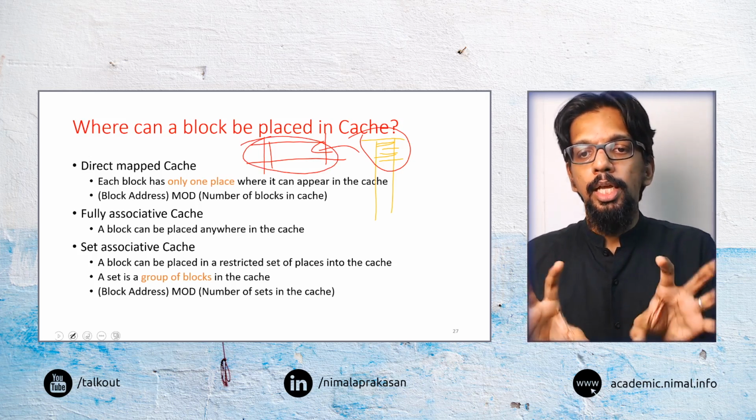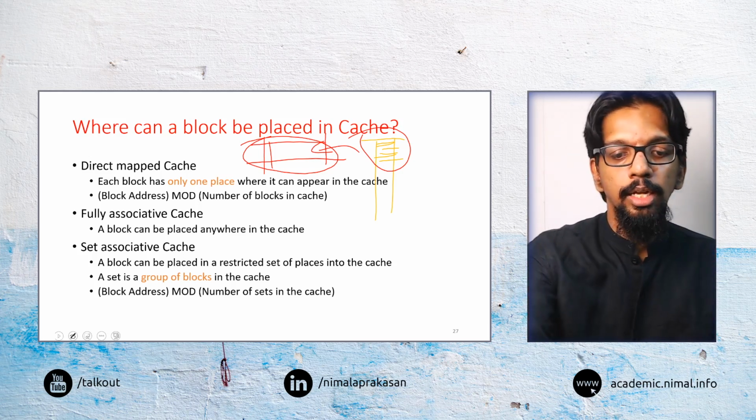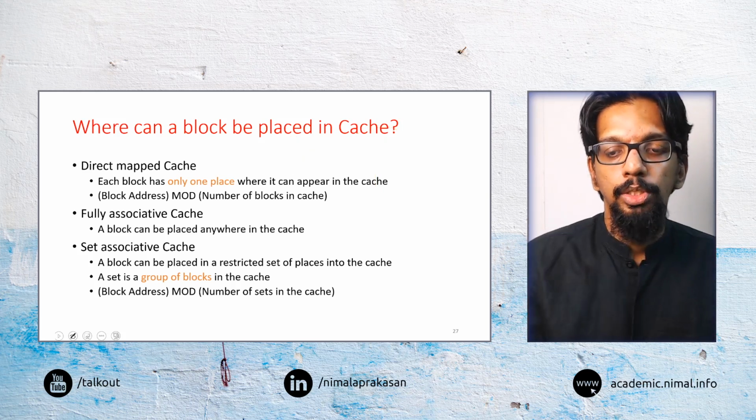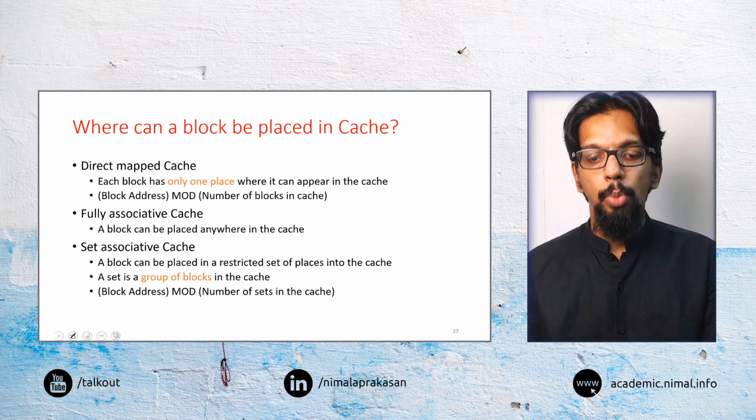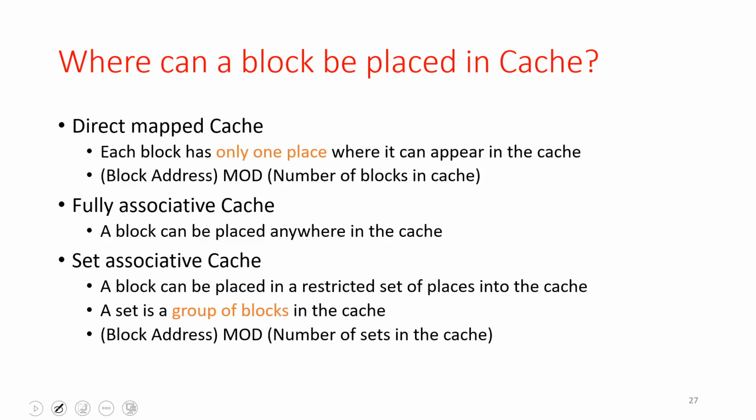In this context, that organization can take a few different approaches. The first one is what is called a direct map cache. In a direct map cache, each block will have a particular place where it is going to be loaded in the cache memory.